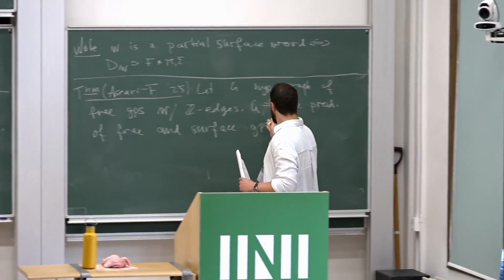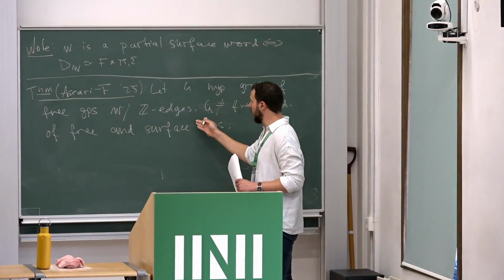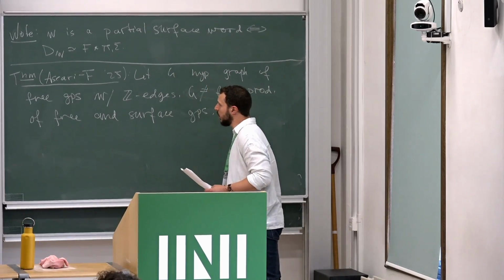If this is the case, what we show is that we can always find virtual homological torsion. And not just that, we can find any virtual homological torsion that we want.